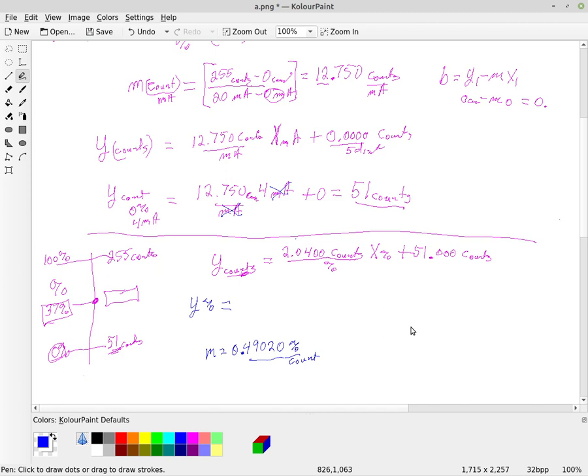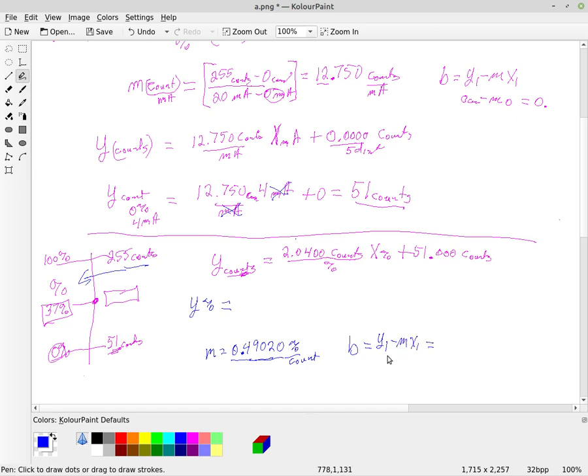So now, if we want to go the opposite direction, if we wanted to go from the counts over to the percentage, we already had our M down here in blue, but we need to calculate our B term for that. And again, B is Y1 minus M times X1.